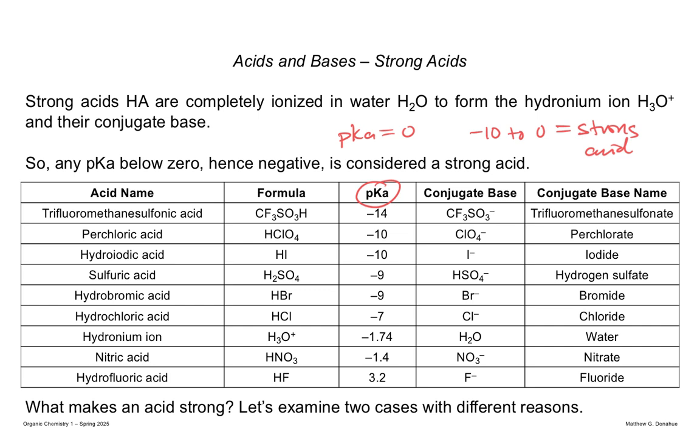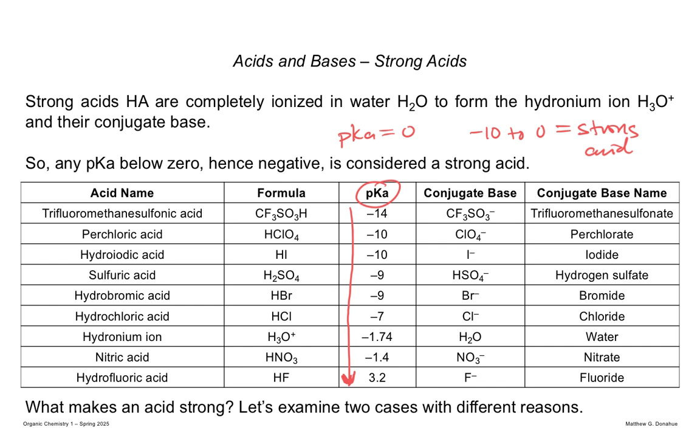We won't talk too much about that stuff in here, but you do have some of these anomalous cases. Going down, negative 14, negative 10, those are strong. As you approach 0, the strength is decreasing, but overall, they're still strong acids. So again, it's all relative.